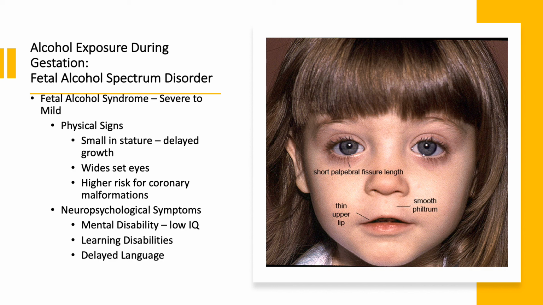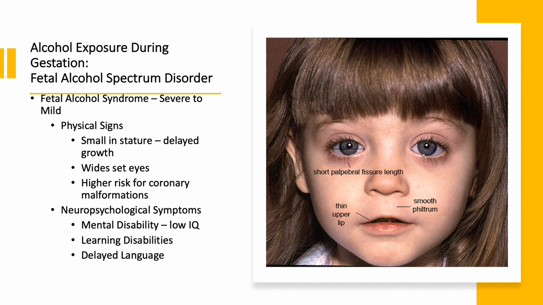Now, if you can see the actual facial features or you have dramatic effects from the alcohol exposure, that's fetal alcohol syndrome in the severe range. You can see here in this little girl's face, she has short palpebral fissure lengths, smooth upper lip definition, a small upper lip, and wide set eyes.